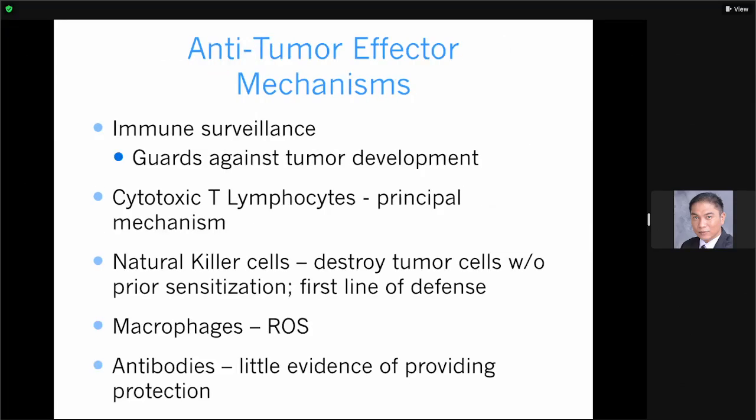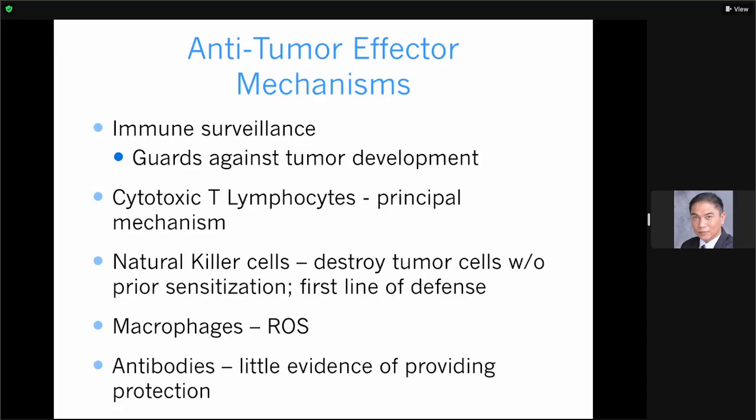So more on cells. Antibodies provide, based on recent studies, little evidence of providing protection. So ang lagi natin pinag-uusapan dito is cells, particularly lymphocytes, mononuclear cells, in immune surveillance.